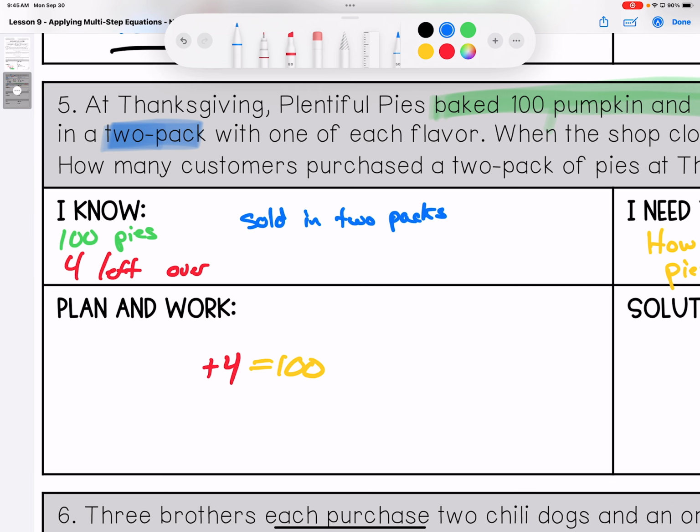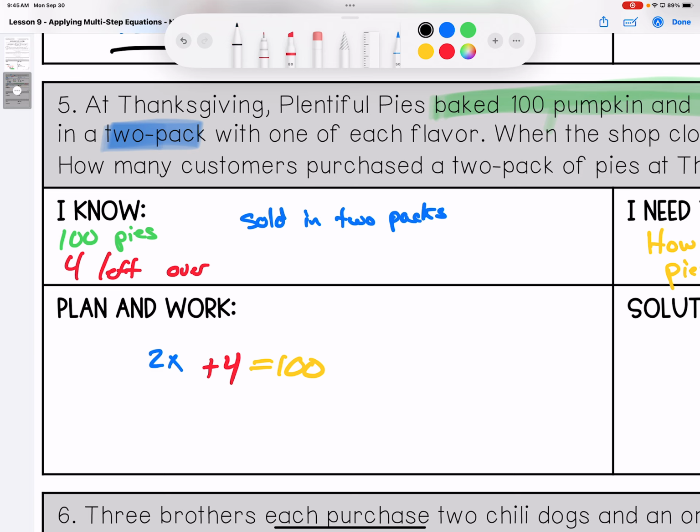Now, how do we figure out how many we sold? Well, 2 times x, because they were in 2-packs. If we sold 40, that's 80 pies, because there was 2 in each one.